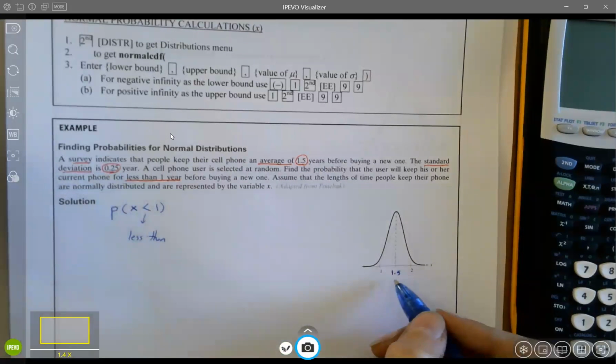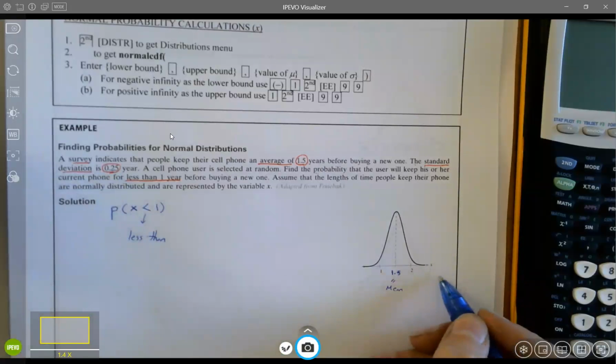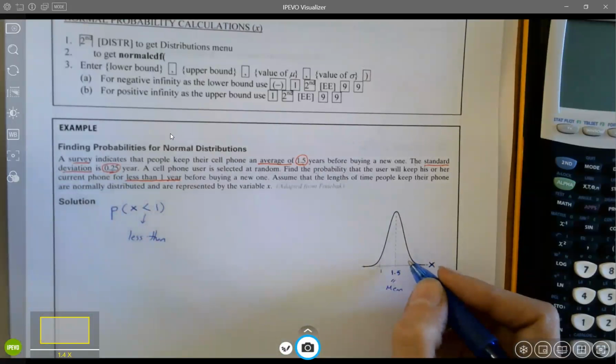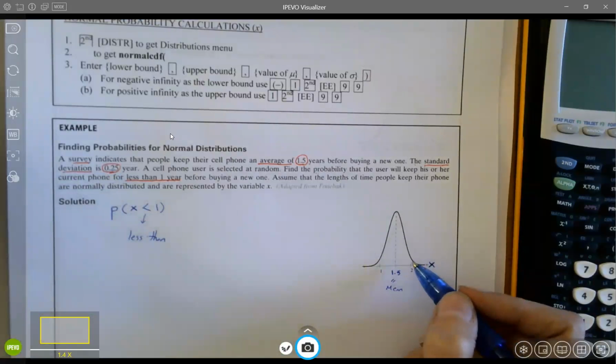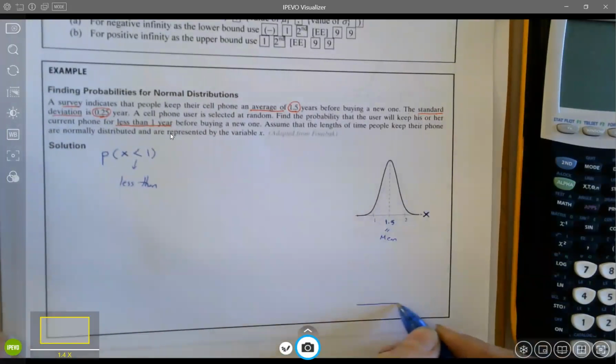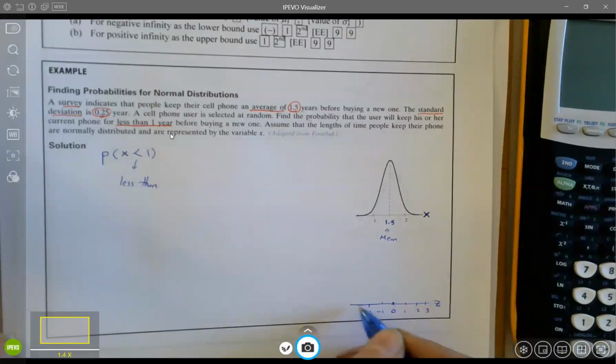So this is our mean, and on the horizontal axis we have our X values. This is just a normal distribution, not a standard normal distribution. Remember that for a standard normal distribution, we need to have Z, and you have 0, 1, 2, 3, -1, -2. This is different from a standard normal distribution.